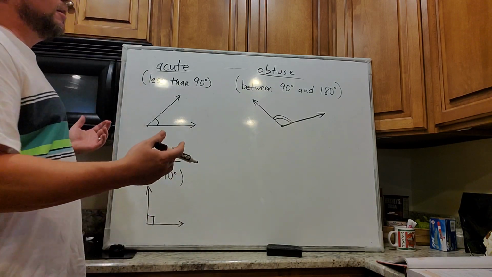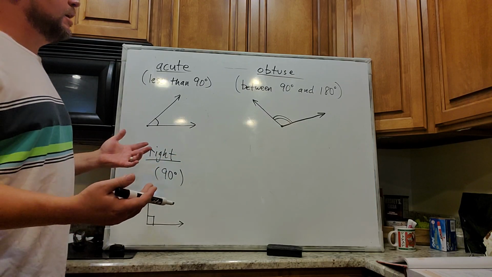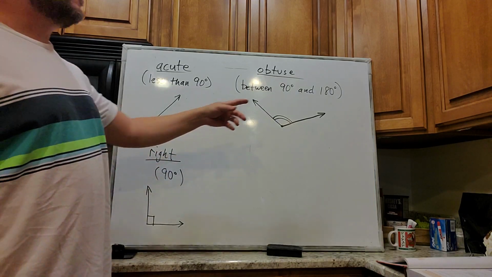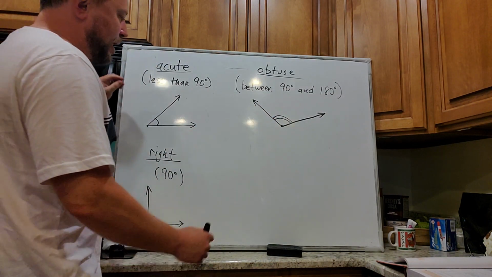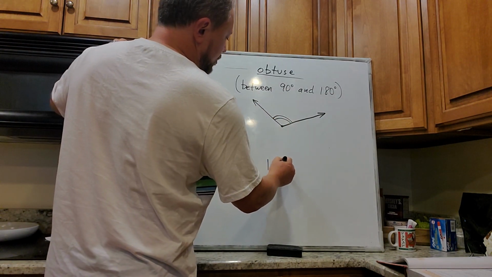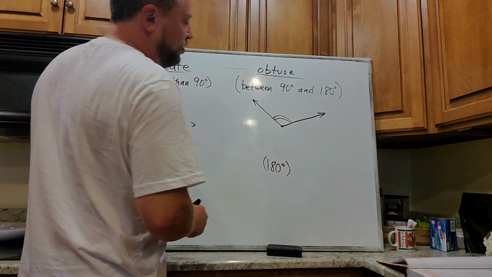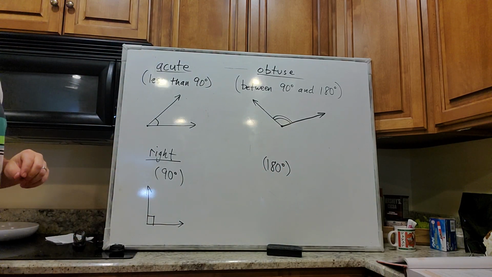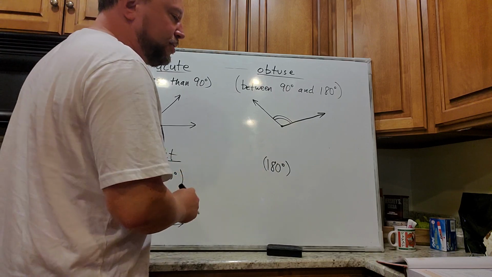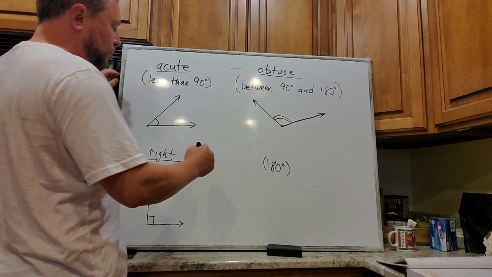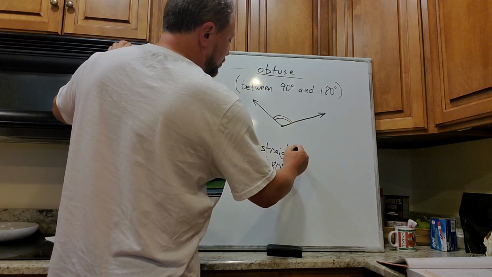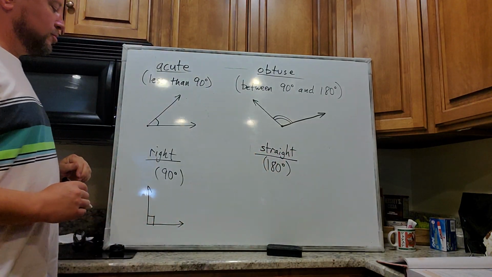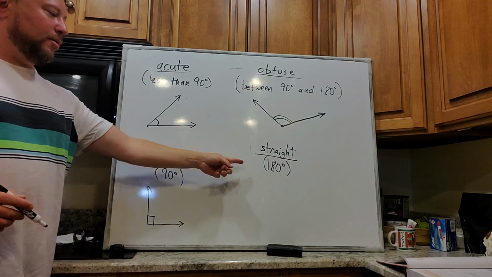And then the last category here is a technical one. It's going to cover one of the numbers I mentioned up here already, the 180. Some textbooks do not consider this an angle, though, but this textbook has mentioned it in here, and this is what we call a straight angle. A straight angle is 180 degrees.